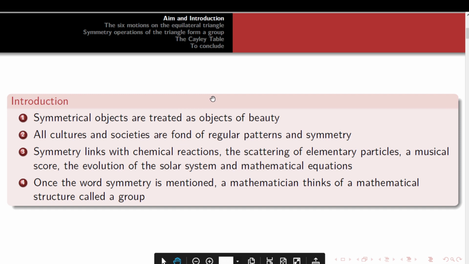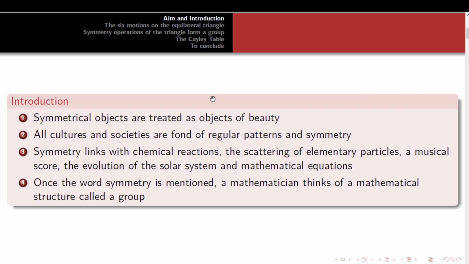We know that symmetrical objects are treated as objects of beauty. Whenever we are thinking about a culture, a tradition, a society, a spirituality group, a religious group, all of them are very fond of regular patterns as well as symmetrical objects.